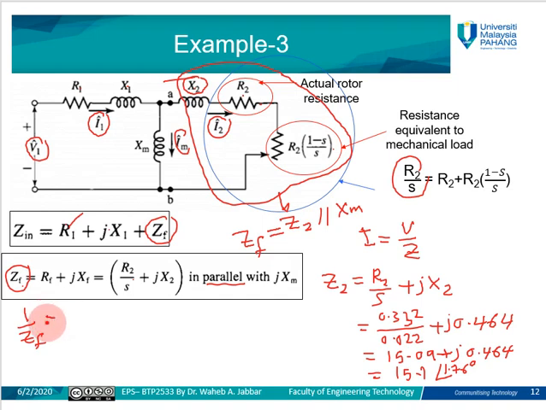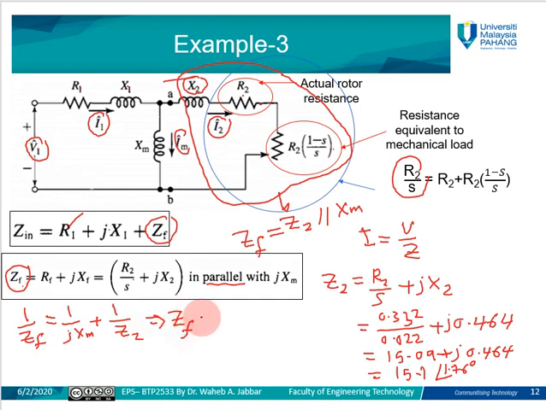So 1 over ZF equals 1 over jXM plus 1 over Z2, since they are in parallel here. So this will give you ZF.